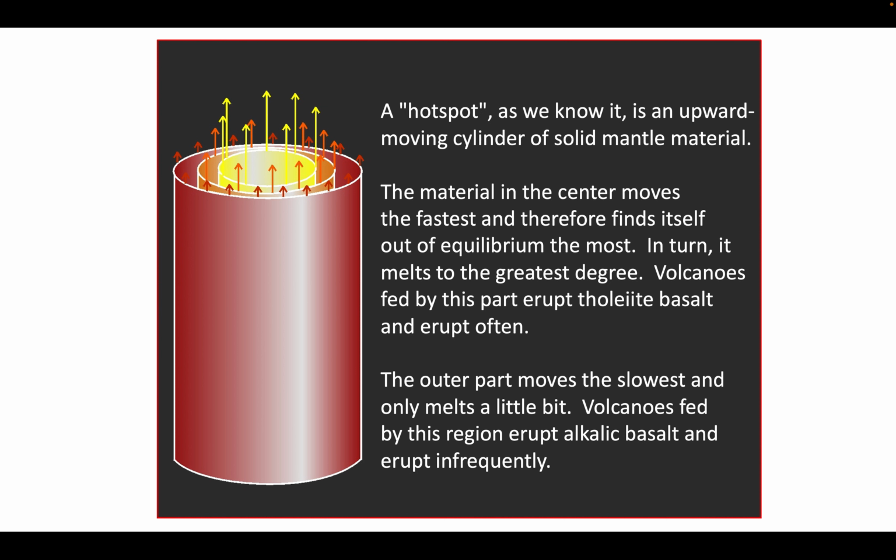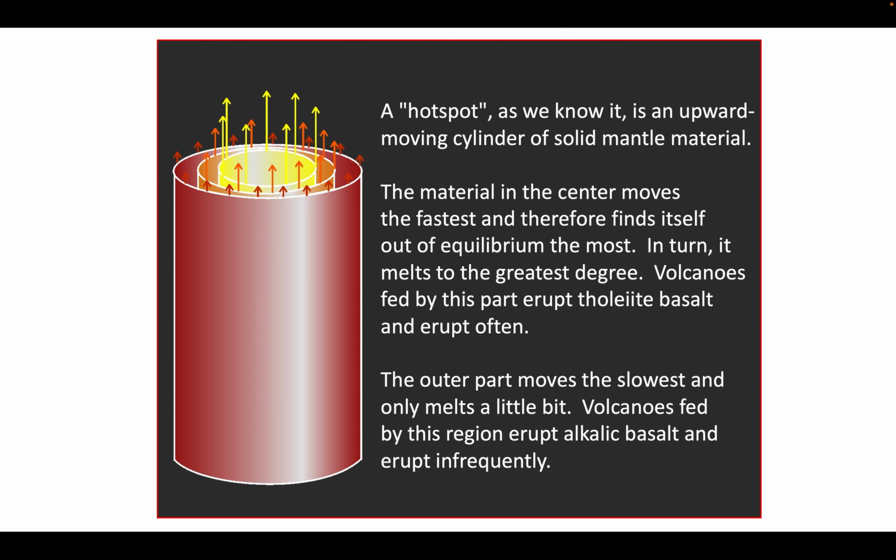A hotspot, in simplified terms, is an upward moving cylinder of solid mantle material, shown here on the left. The material in the center moves the fastest and therefore finds itself out of equilibrium the most. In turn, it melts to the greatest degree.